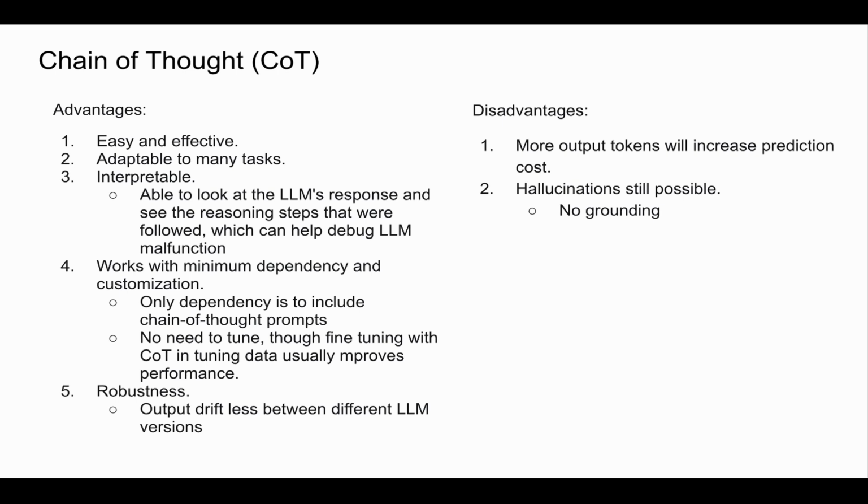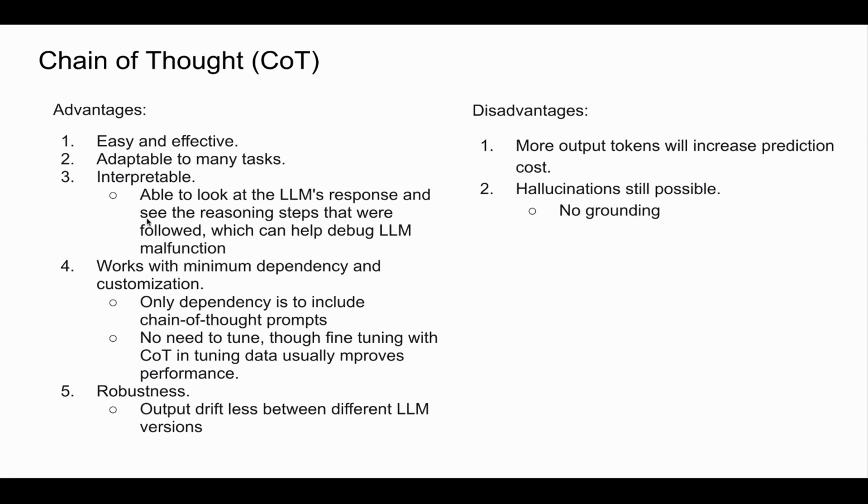The only thing you have to do is change your prompt in a CoT-like fashion. You don't have to tune, although fine-tuning with CoT does improve performance. Fifth is robustness: the output drifts less between different LLM versions if you ask a question in a CoT fashion.